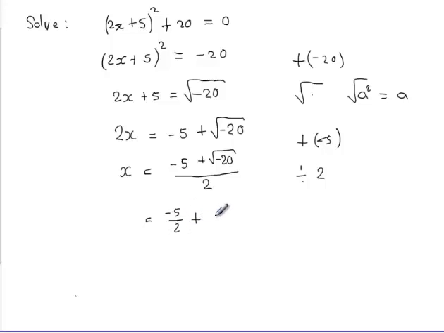Plus the square root of minus 20, over 2. I can even take this further and incorporate this 2 into the square root. I have to square it, so that when I find the square root of it, I get 2 again.